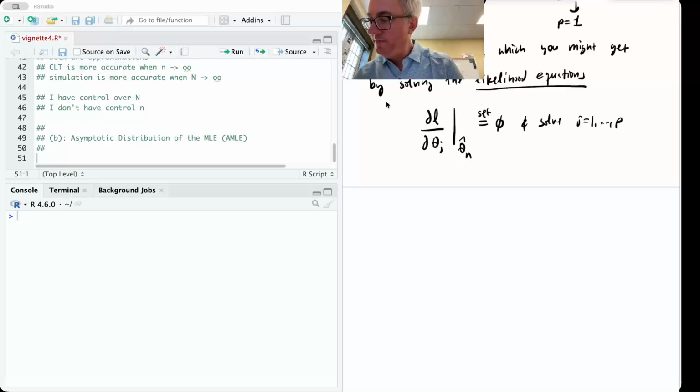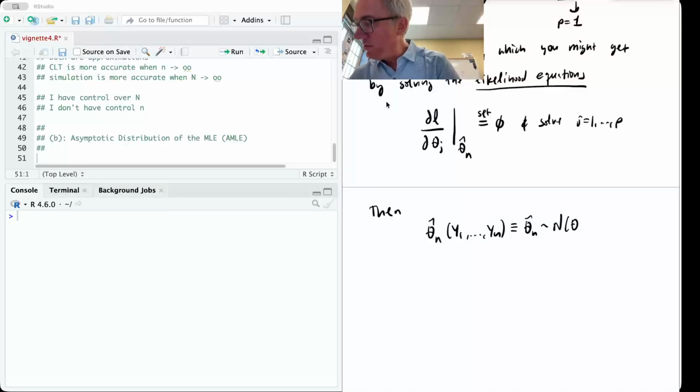All right, here's the result. If you do that, then the MLE, viewed as a function of the random data values, so y1 up to yn, but I'm just going to use theta hat n for short, has a Gaussian distribution with a mean of the true but unknown parameter and a covariance that's 1 over n times I inverse 1 of theta, which is a quantity that I haven't described to you yet, but I will in just a moment.